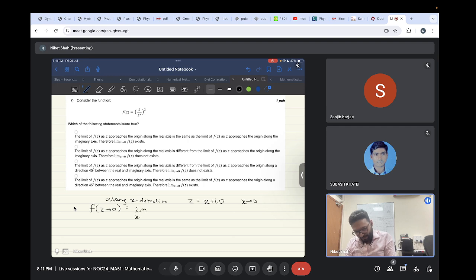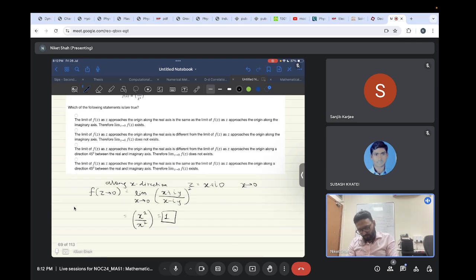This is the limit as x tends to 0 of (x plus iy) divided by (x minus iy) the whole square. Since y is already equal to 0, this is just x square divided by x square, which is equal to 1. So this limit is 1 when z is tending towards the origin from the x direction. The value of this function is tending towards 1 in this particular direction I choose.